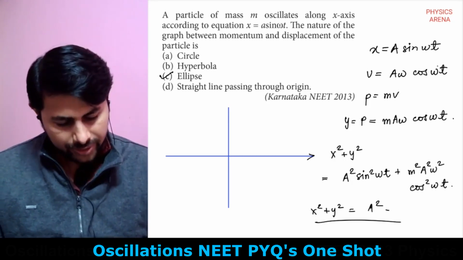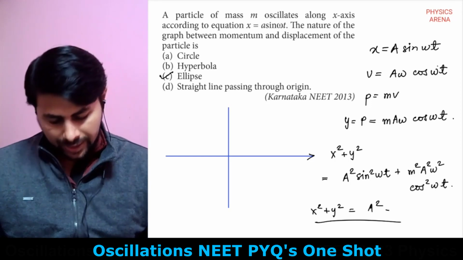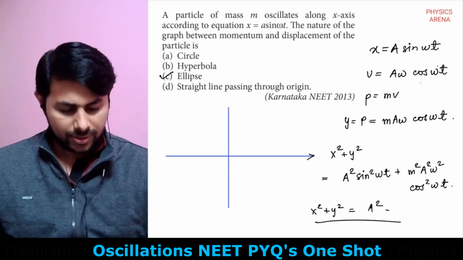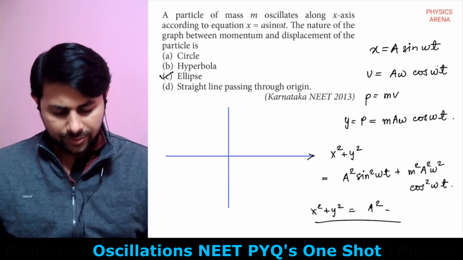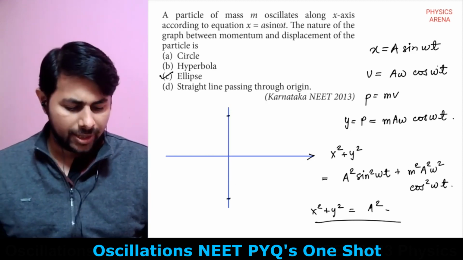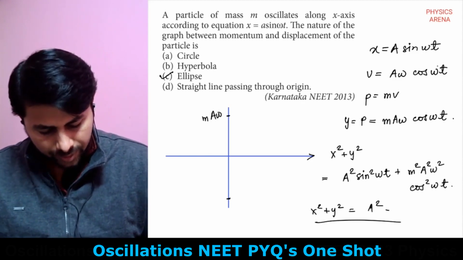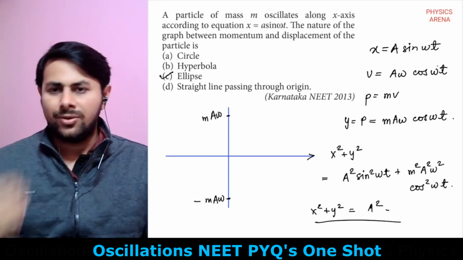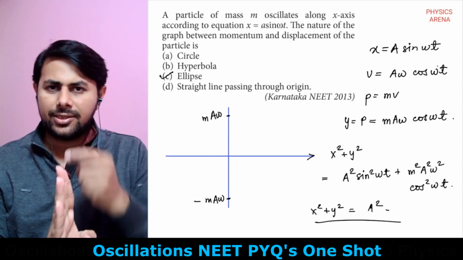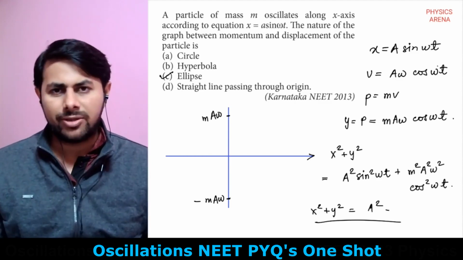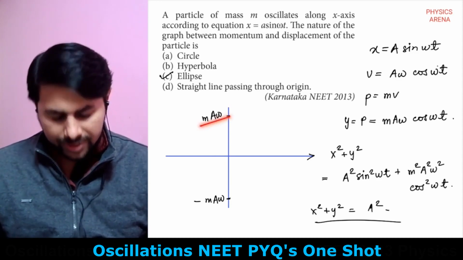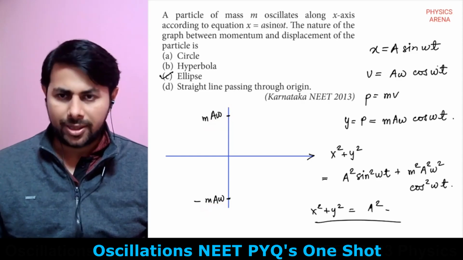At t equals 0, when x is 0, it is either plus m a omega or minus m a omega. What does this mean? At the mean position, the particle can be moving like this or like this. The magnitude of velocity will be the same, right? So when x is 0, the momentum is m a omega or minus m a omega.